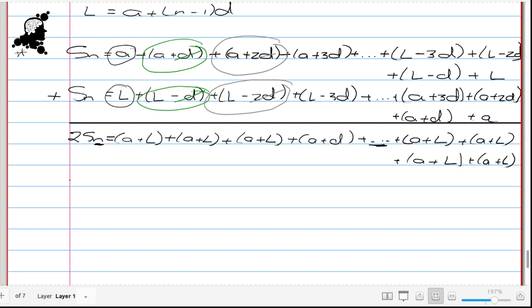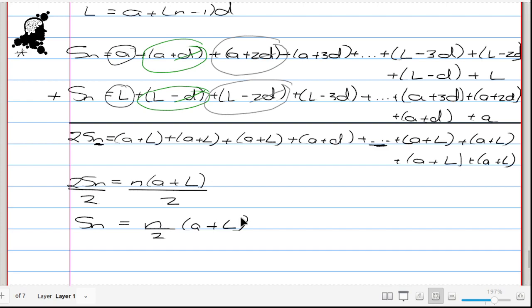So I'm going to say, let me take 2Sn, and because every term is A plus L, let me just multiply A plus L by the value of N because I don't know what the value of N is. I can divide this side by 2 and divide this side by 2. Already you're seeing, if you can remember from the slides earlier, we have already proven the first part of the formula.